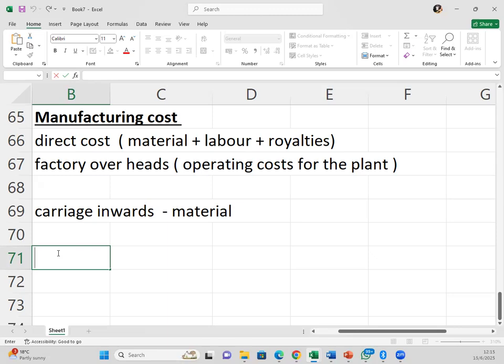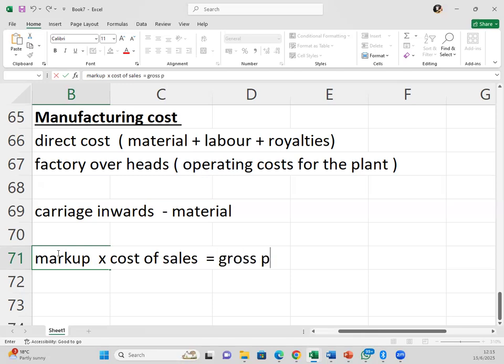If you're given markup, what is the relationship between the markup, the cost of sales, and the gross profit? If you multiply the markup with the cost of sales, the markup times the cost of sales gives us the gross profit.